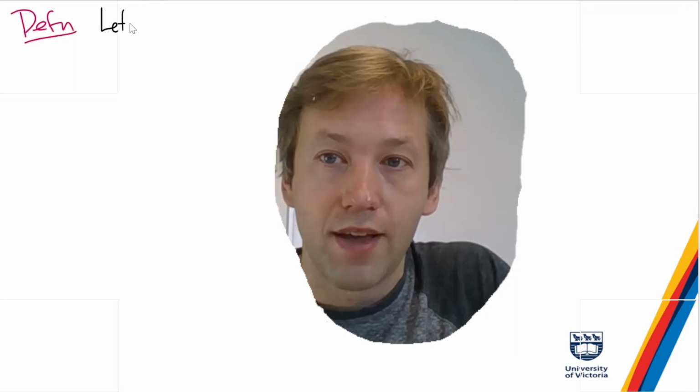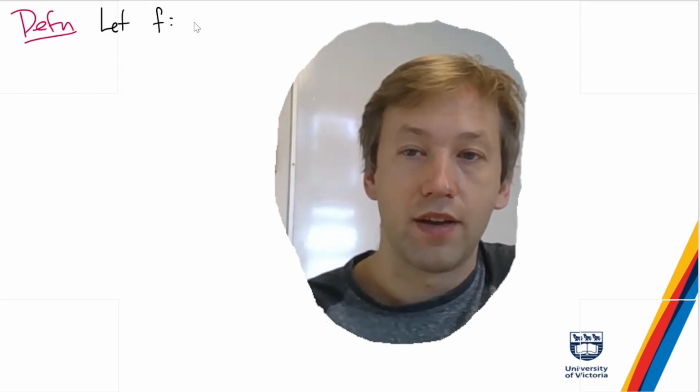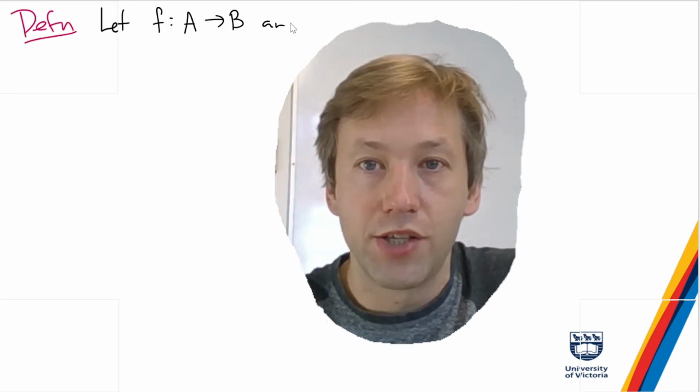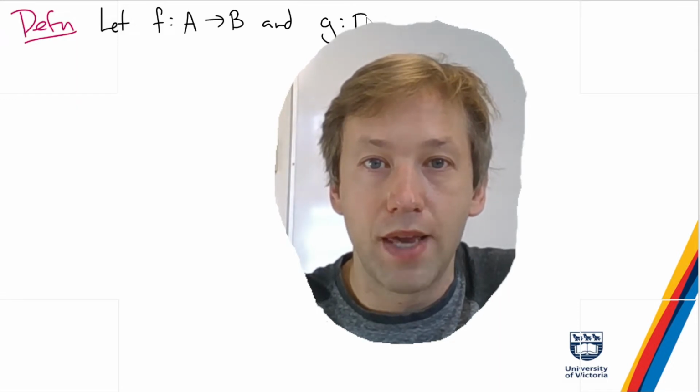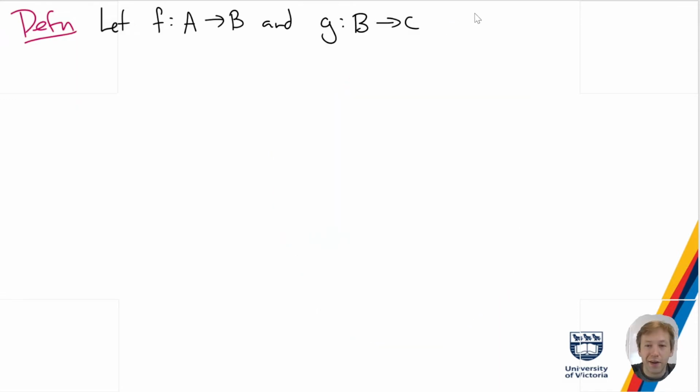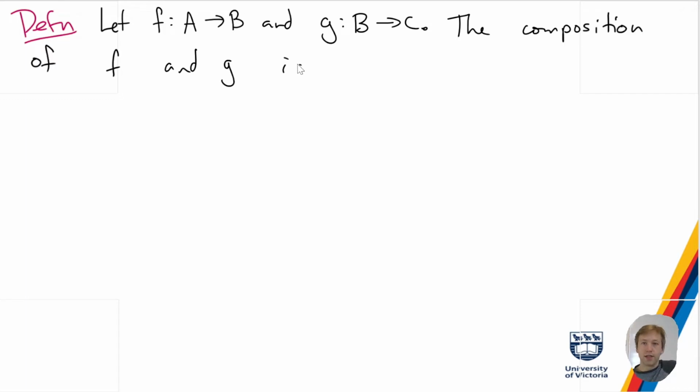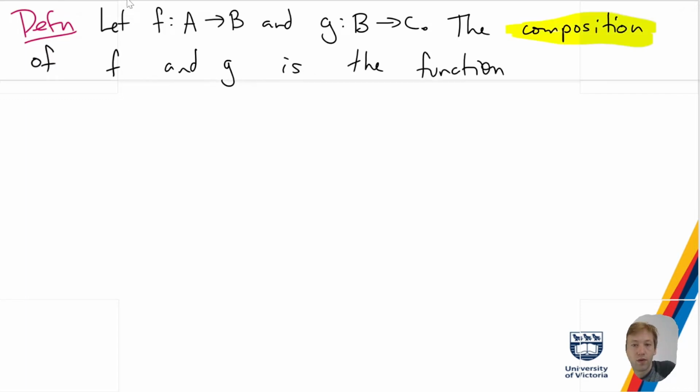So let f be a function from A to B, and g be a function from B to C. So the composition of f and g, the notation for this is g with a little circle, f.